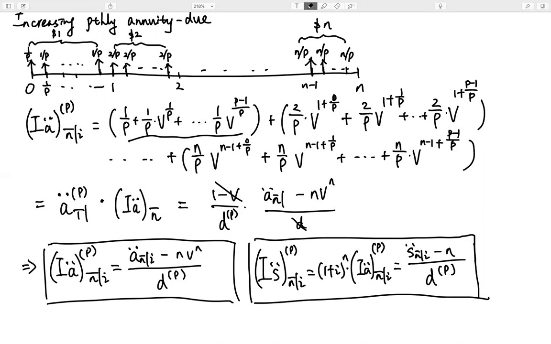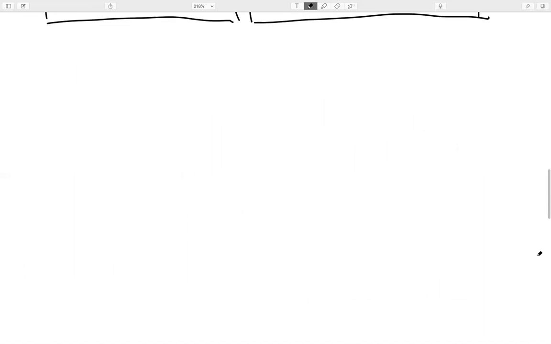Let's do an example. Determine the present value of 10 at the start of each quarter in the first year. So I directly draw the graph.